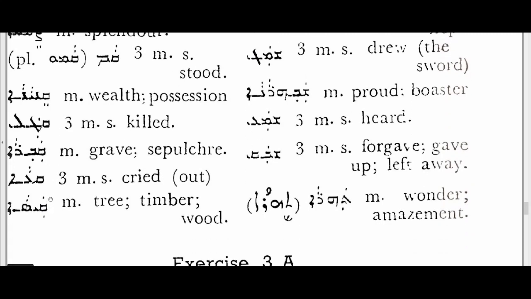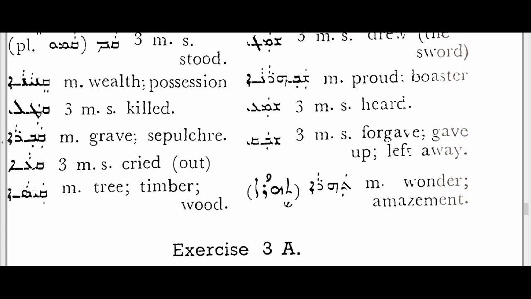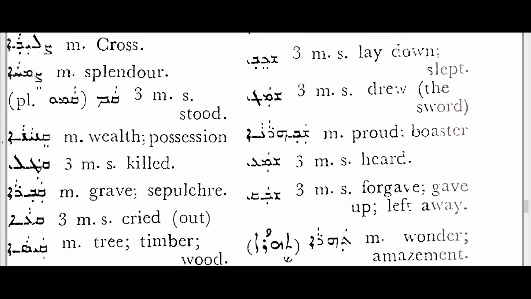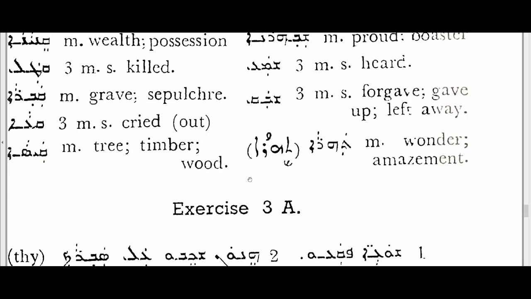Qawra, he cried out. Muqwakhle, sounds like it, right? Qaysa, the wood. So we could make up a word here. Samkha, the qaysa, the sliwa, the splendor of the wood of the cross.